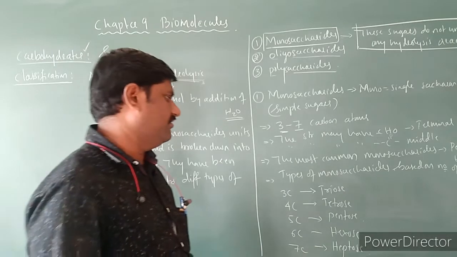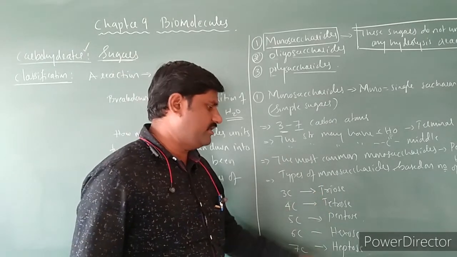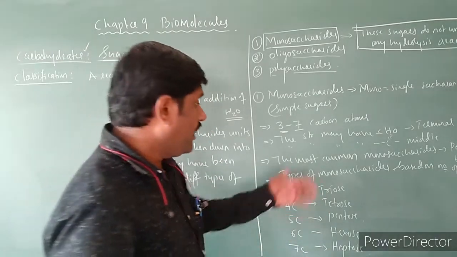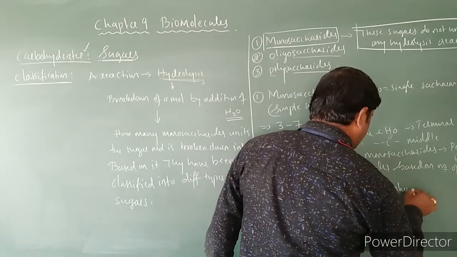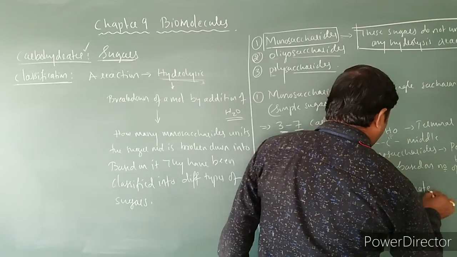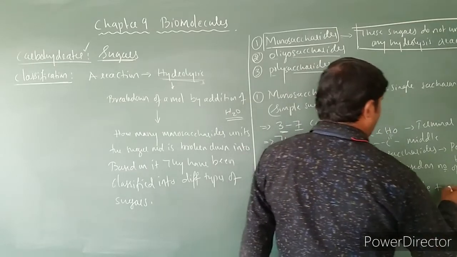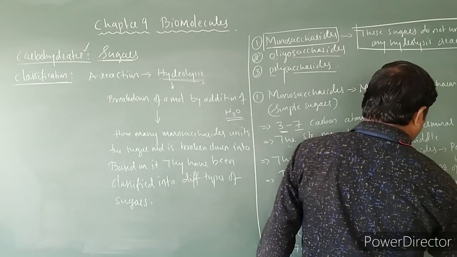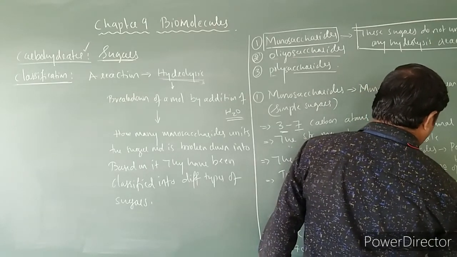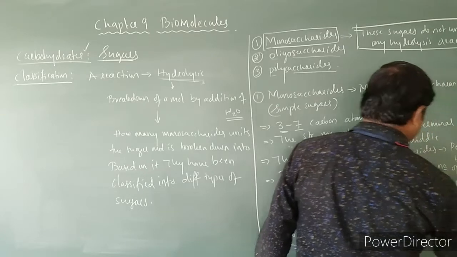If the carbohydrate contains an aldehyde group, then they are called aldoses.